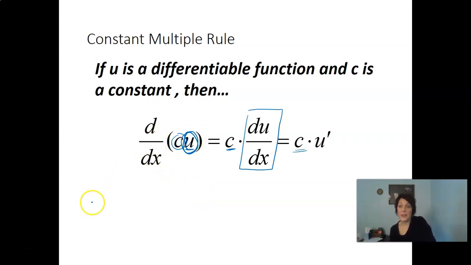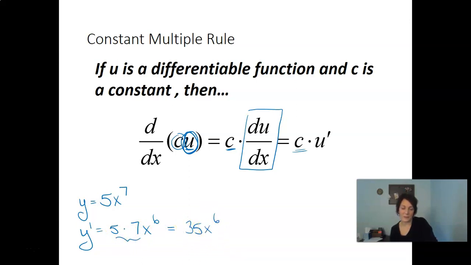For example, let's take that x to the 7th again, okay? But instead of just x to the 7th this time, it's going to be 5x to the 7th. What this rule is saying is, if you want to get y prime, leave the 5 sit there. Just leave it be. Take the derivative of x to the 7th, so that's 7x to the 6th. And then now in the front you have 5 times 7, so you can just multiply them, 35x to the 6th.